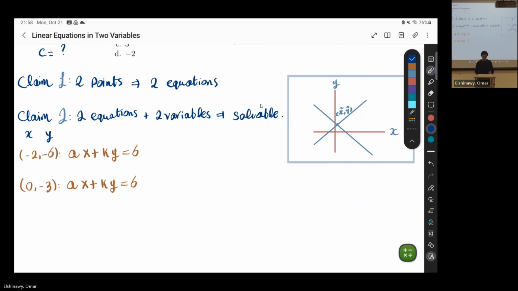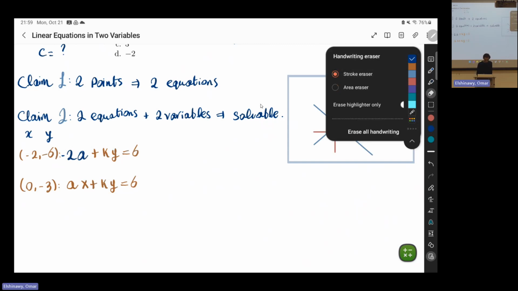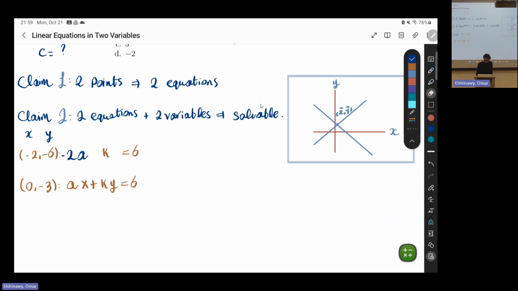Then if you plug in, what do you get? I move x and write -2a, and for y, I write -6. -2a minus 6k is equal to 6.